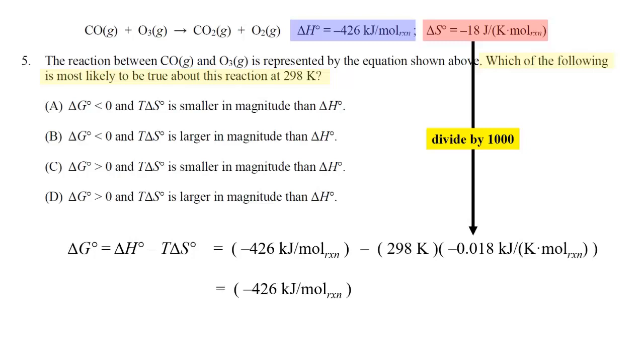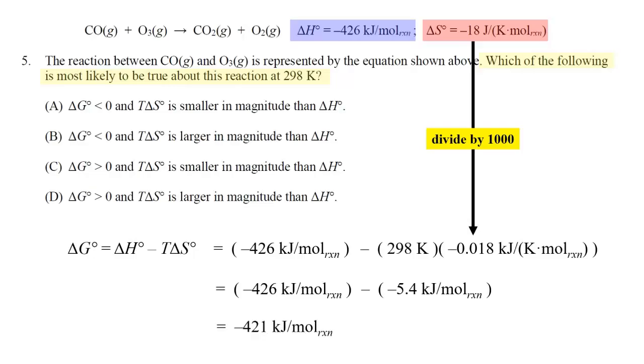So when I do this math, I have negative 426 and then minus the product of 298 times negative 0.018. So negative 426 minus negative 5.4, and notice that the Kelvin cancels out in terms of a unit, but I have kilojoules and kilojoules per mole of reaction.